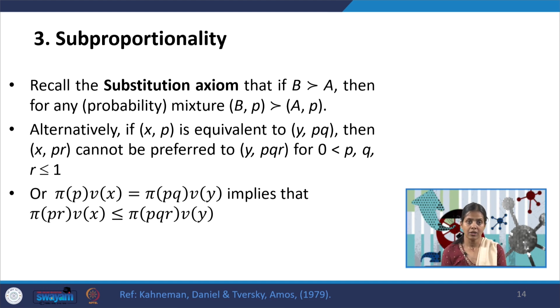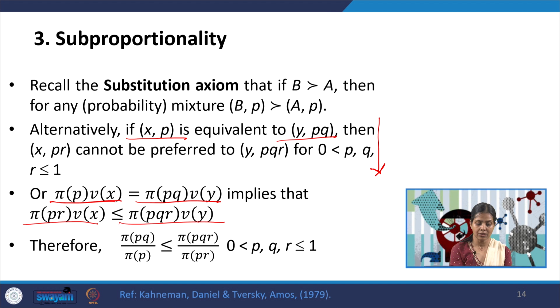First of all, if I deduce things from here, we see that (x, p) can be written as π(p) into V(x), its value function, which is equivalent to (y, pq). So, I write it as π(pq) into V(y). Now, what the above statement says is that if this holds, then π(pr) V(x) is less than π(pqr) V(y).